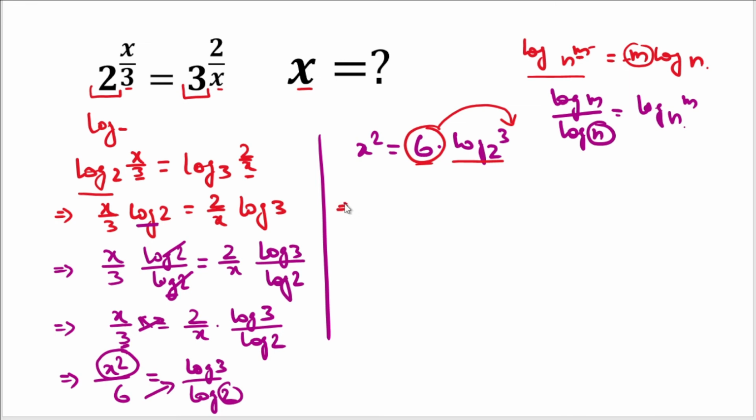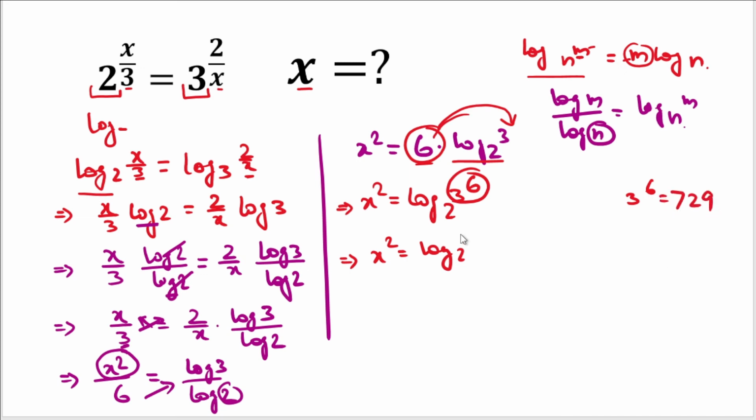Now we can write x square is equal to log with base 2 of 3 raised to the power 6, and 3 raised to the power 6 is 729.